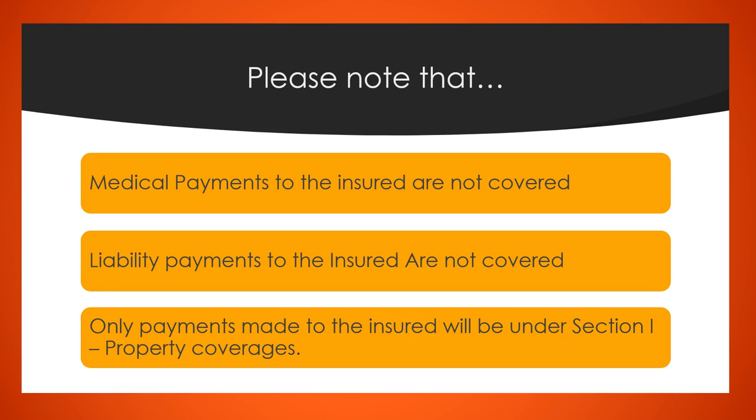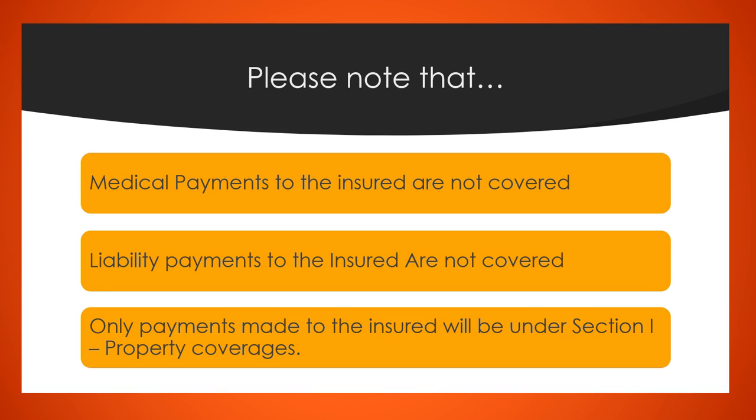So if you are the name insureds or insureds on a home policy, there's no coverage for you for medical. So Section 2 of a home policy is only going to cover your liabilities for damage or injury of someone else that is not insured on the policy. So please note that medical payments to the insured are not covered, and that's in Section 2.